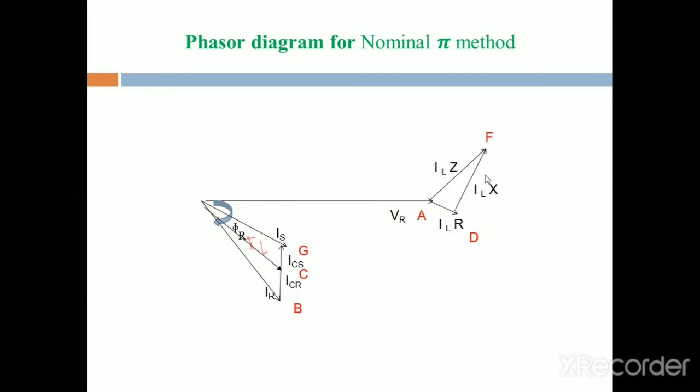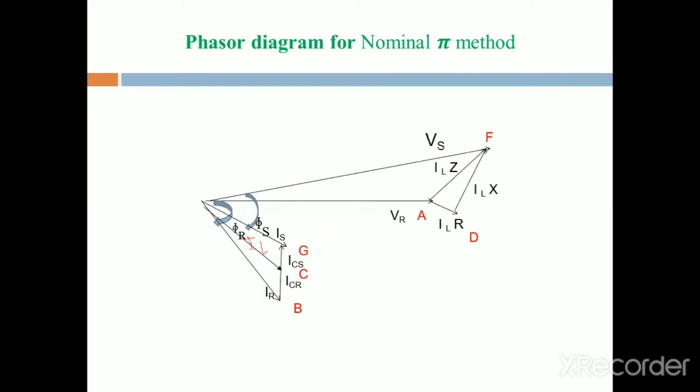Then it is called the ILZ. By adding this impedance drop to this VR, we obtain the VS. The angle between this VS and the IS is the phi S. This is a phasor diagram for the nominal pi method.